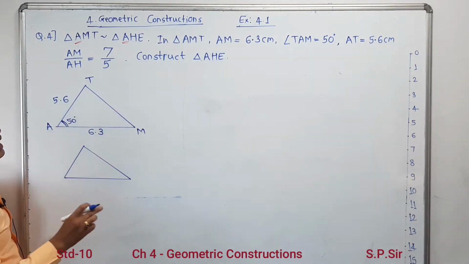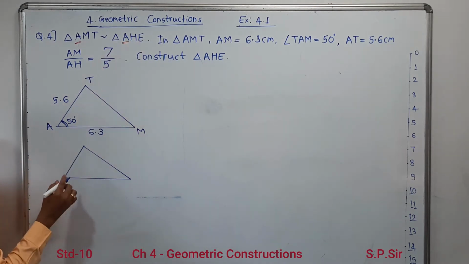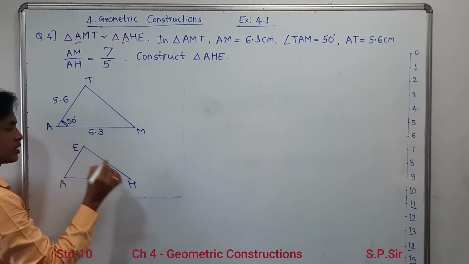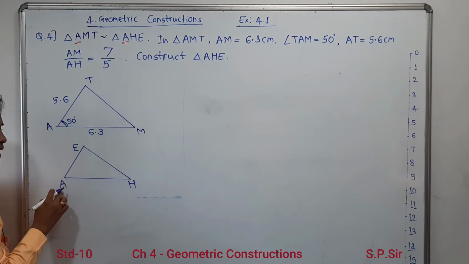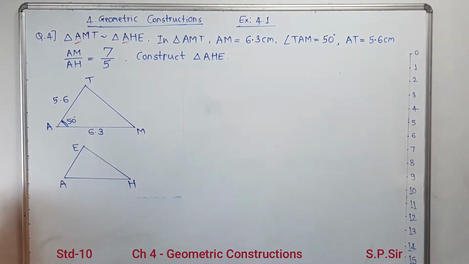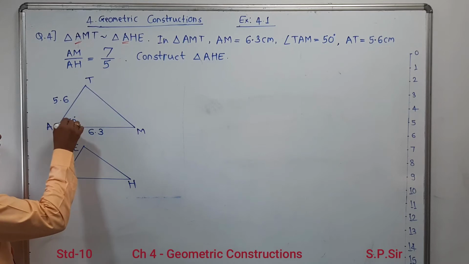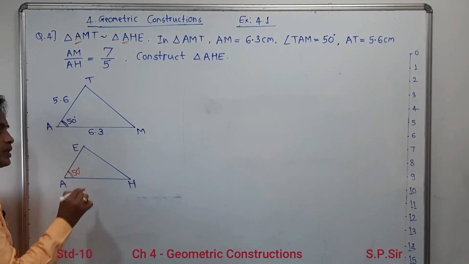But in addition to that, they have given another part, triangle AHE. So these are the values with you, and if triangle AHE is given to you, in this case you don't have any value from the reference over here, but as a property of similarity you can use only one part, that if angle A is 50 over here, naturally this angle is also 50 degree.